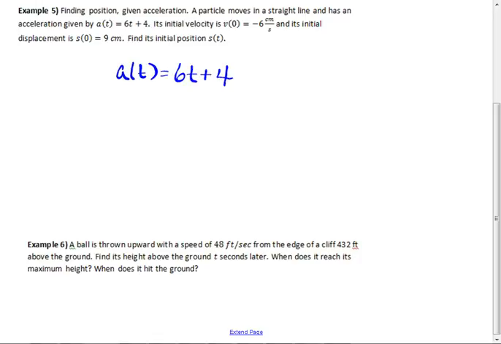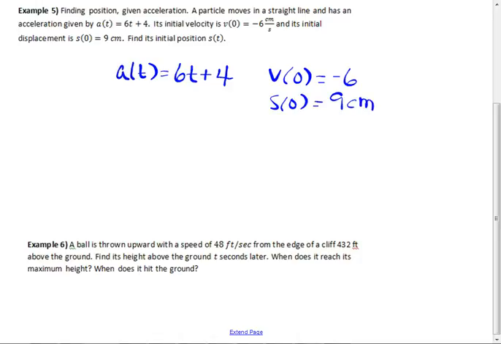They don't introduce the integral symbol, so we won't. And the initial velocity, v of 0, is equal to negative 6 centimeters per second, and its initial position, s of 0, is equal to 9 centimeters.